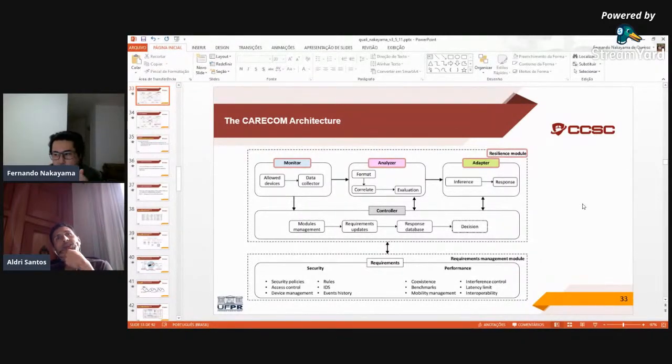The main idea is that we need an intermediate module to deal with the other components in the resilience module, and that also deals with the communication with the requirements management module. So it would deal with the security and performance issues, the communication regarding these characteristics, but also the solutions employed in the monitor, analyzer, and adapter components.